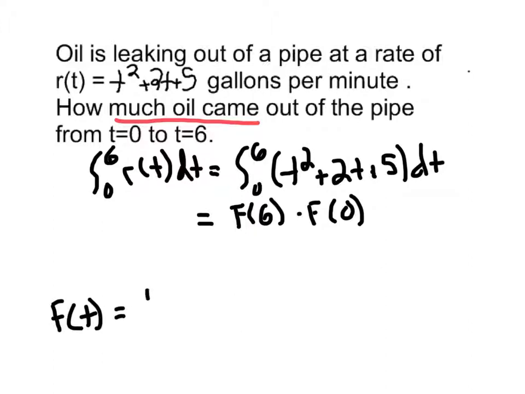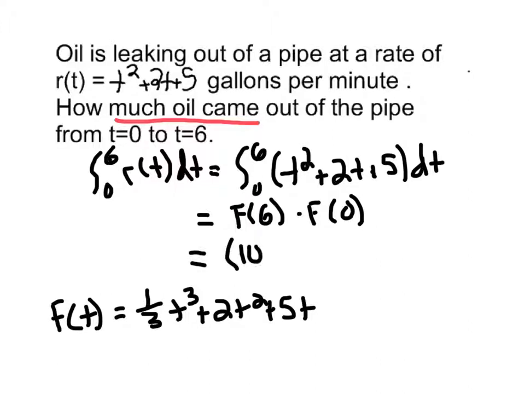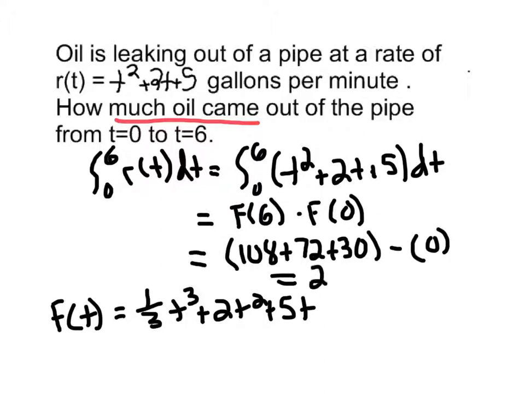Big F of t is 1/3 t cubed plus 2t squared plus 5t. So this is going to be equal to 72 plus 72 plus 30 minus big F of 0, which is just 0. So the total amount of oil that came out is going to be 210 gallons of oil.